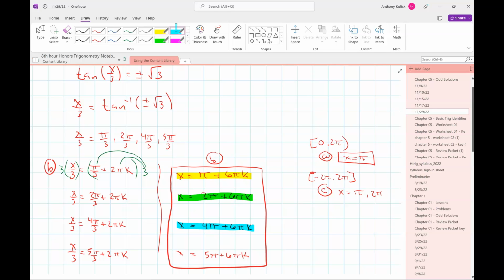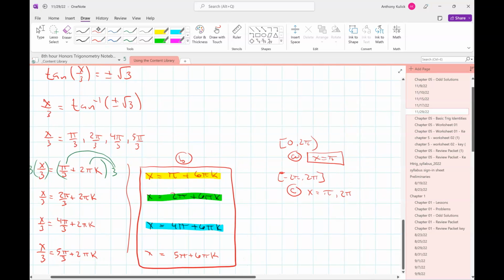I'm at 4 pi. But if k is negative 1, I have 4 pi minus 6 pi. That's negative 2 pi. That one works. And if I look at the last one, oh boy, I can't write that. Use yellow again, I guess. If k is 0, I have 5 pi. That's too big. But if k is negative 1, 5 pi minus 6 pi is negative pi. That fits also.